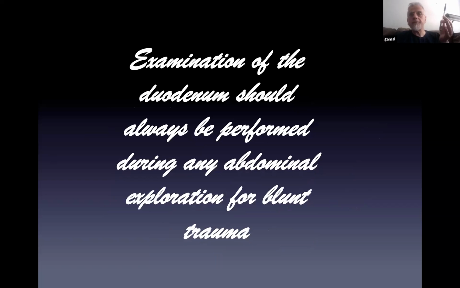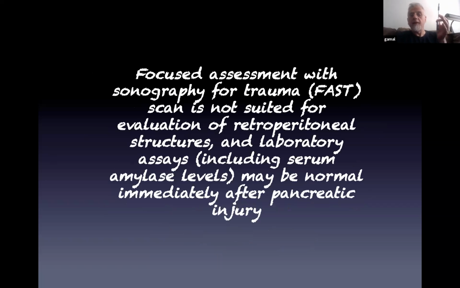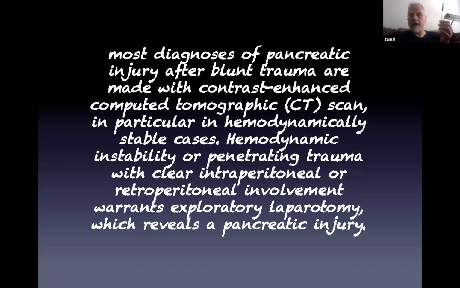This is the deceptive organ that can sit in the back in the retroperitoneum, and you have to search it to make the diagnosis. FAST, as we talked with Omar, doesn't help you much. Not because the examiner is bad at doing the FAST, no, but because there is no fluid. It's not gonna show much. Again, it goes back to the fact that these are retroperitoneal structures.